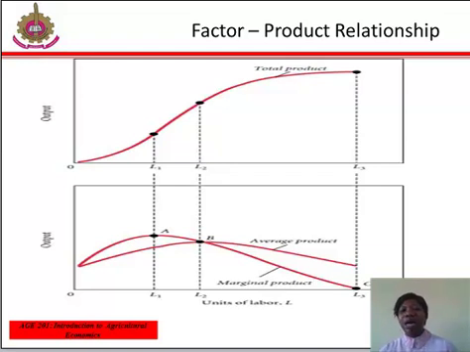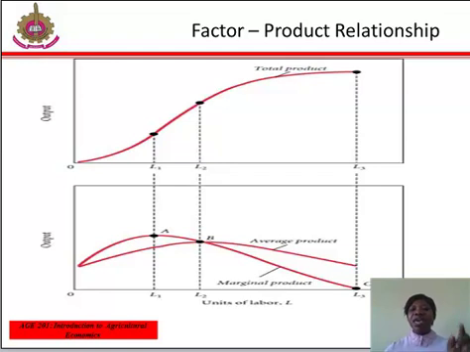In stage 1, the marginal product, MP, is greater than the average product, AP. So both AP and MP are increasing. MP is maximum at the point of inflection, where the first derivative of the production function, that is dy over dx, is 0, and the second derivative is also 0.